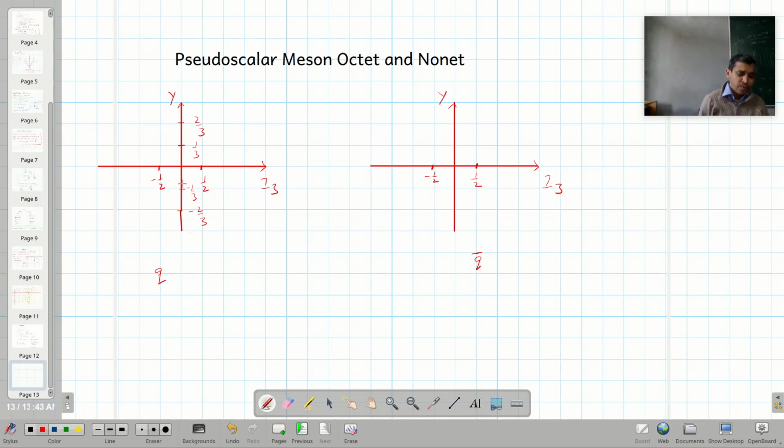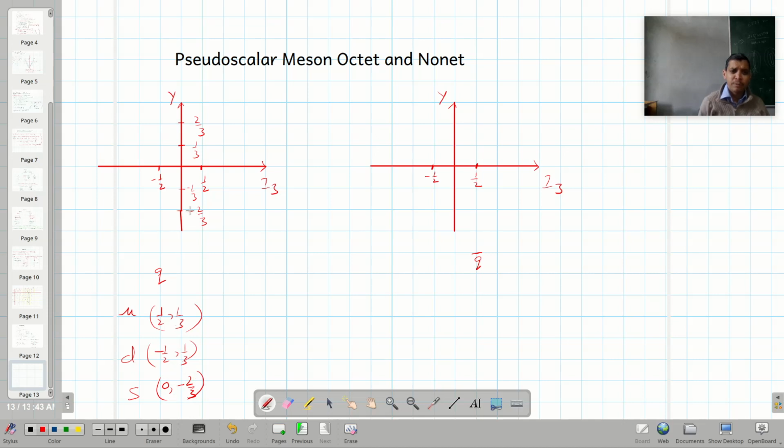So for quark, the value of the up quark will be 1 by 2 comma 1 by 3, and for the down quark its value will be minus 1 by 2 and 1 by 3, and for the strange quark its value will be 0 comma minus 2 by 3.